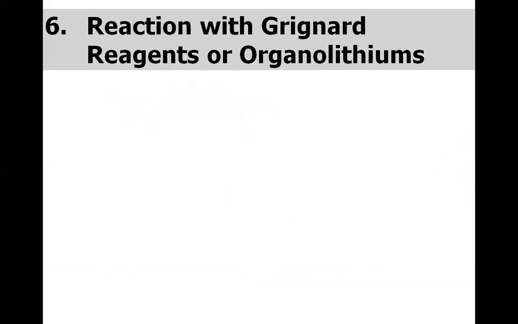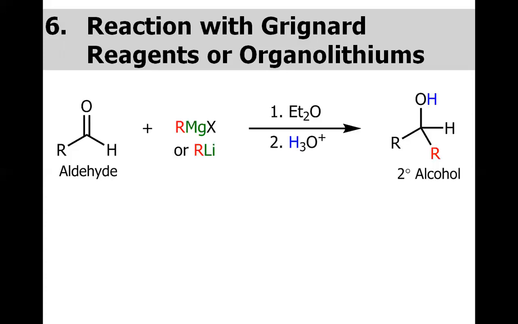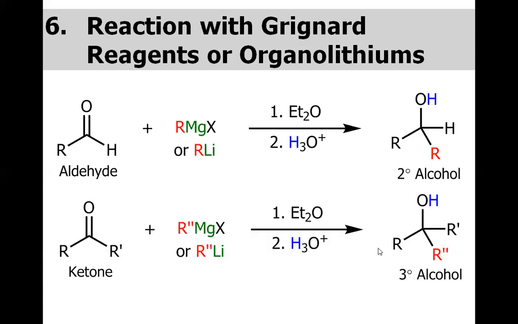Now let us discuss the reaction of Grignard reagents or organolithium with the aldehyde or ketone. This is RMgX, a Grignard reagent. This is organolithium. With an aldehyde we have this secondary alcohol, and if we have the ketone, we will have the tertiary alcohol. Remember, it's a two-step reaction. In the first step, this R will attack this carbonyl carbon to give the oxyanion, which we will discuss in the mechanism.